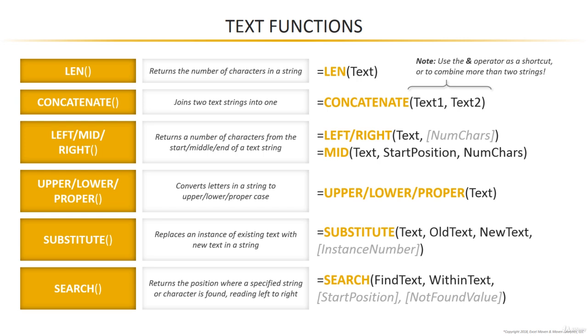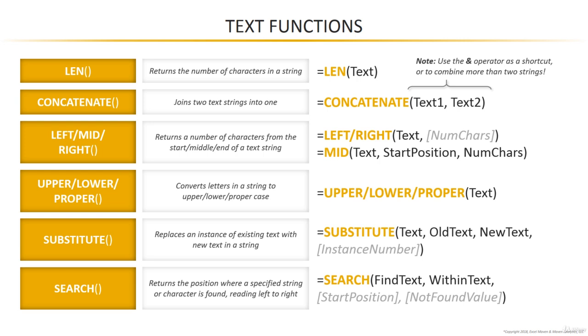The result that the search function yields is a number, and that number indicates the position of the text if it finds it. So if, for instance, you said search for the word house within the text doghouse, that function would return a 4, since it found house starting in the fourth character of that larger string.